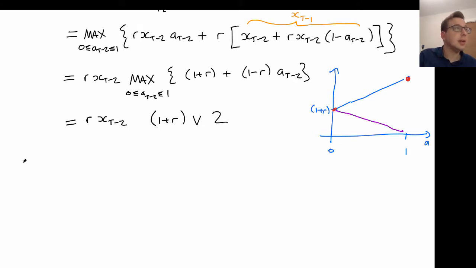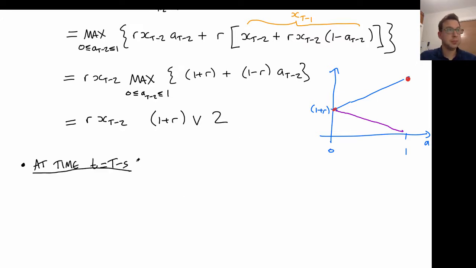So let's do that. So now, at time little t, capital T minus s, okay, at time t equals capital T minus s, let's suppose that the next reward function has the following form.